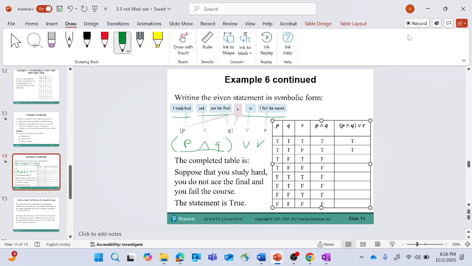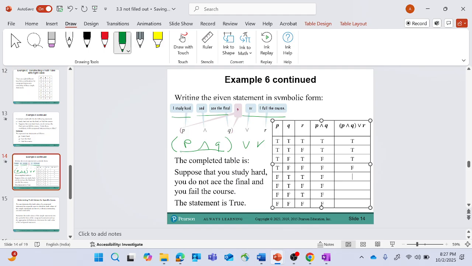So these first two, I know they're going to be true right away because P and Q are both true here. Now for the rest of them, I know P and Q is false for all of these, so I'm going to look at R. R is true in this third row, so that's going to be true. In this case, P and Q and R are both false, so this is false.